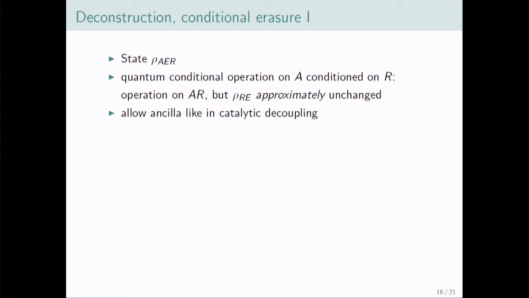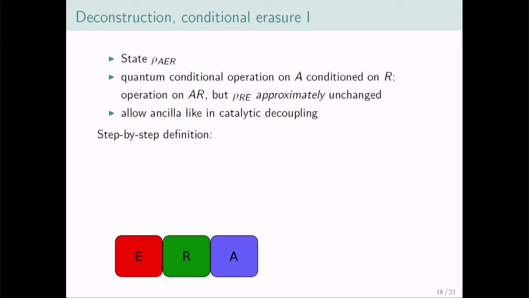On top of this, as in catalytic decoupling, we allow appending an ancilla. So in this, explained in these pictures again, we have the tripartite quantum system with systems A, E, and R. Now we append an ancilla.